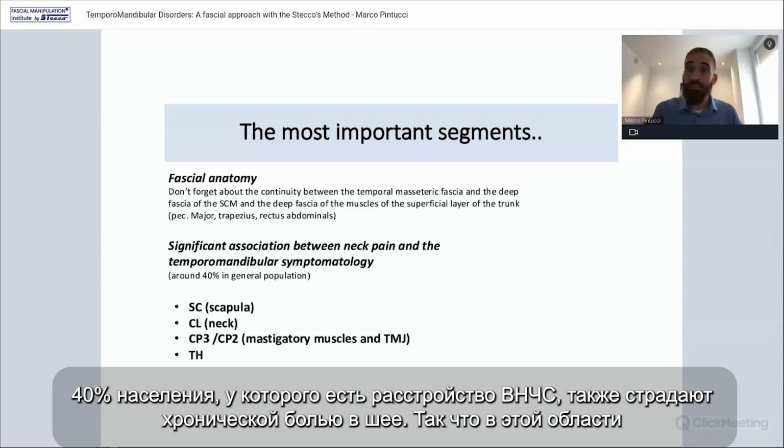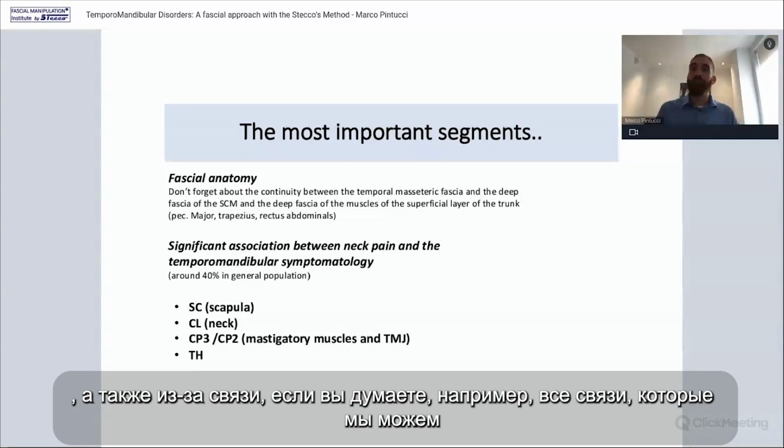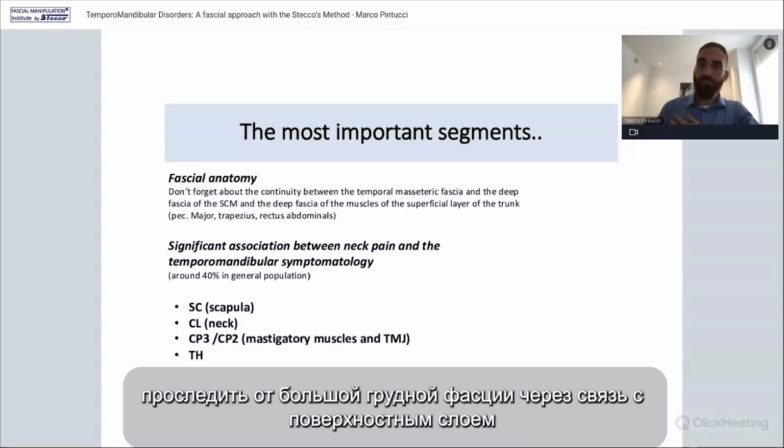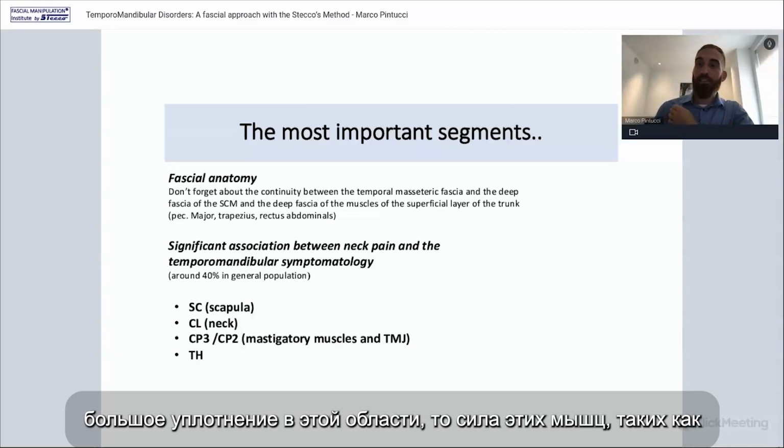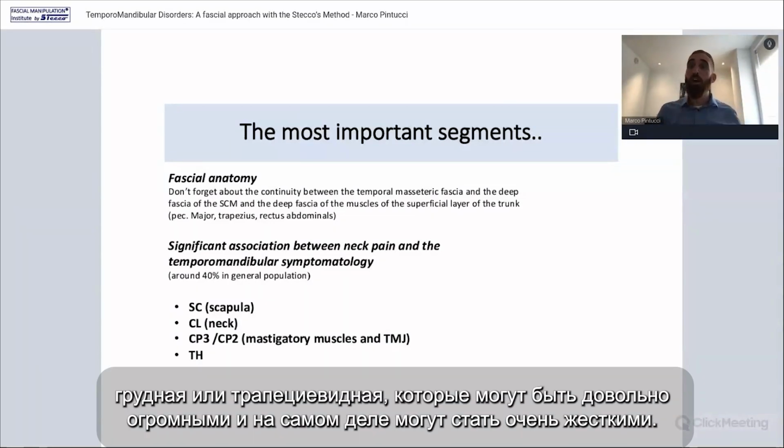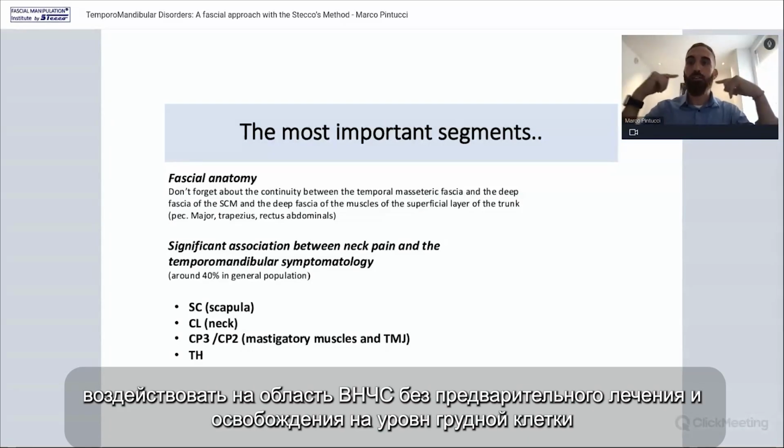Also, think of all the connections that we can trace from the pectoralis major fascia through the superficial layer of the fascia of the neck at the level of the sternocleidomastoid muscle and the parotid-masseteric fascia. If we have a big densification in this area, the strength of these muscles, such as the pectoralis or the trapezius, will be quite huge, and it can become very difficult to act over this area without first treating and releasing a distal area, at the level of the thorax, for example.